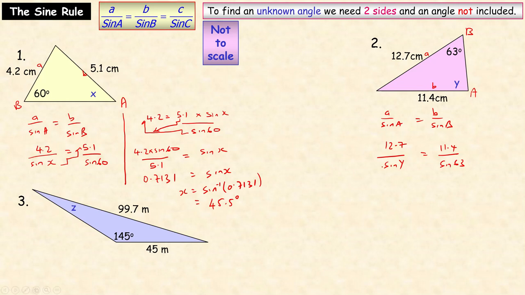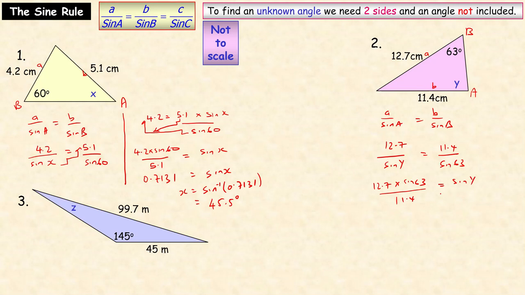So I'm going to do in one step what I did in three on the other side. So it's 12.7 times the sine 63 comes up on this side and 11.4 goes down, and that's equal to the sine y.